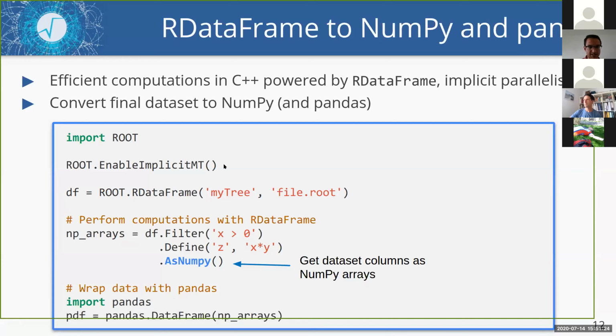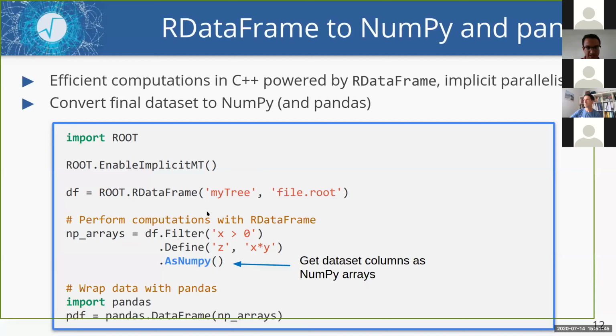Another nice thing is that you can run these in multi-threaded mode. If you call ROOT.EnableImplicitMT, the workflow of your RDataFrame computation will run on the cores of your machine. We are able to spawn several tasks to process it in parallel.